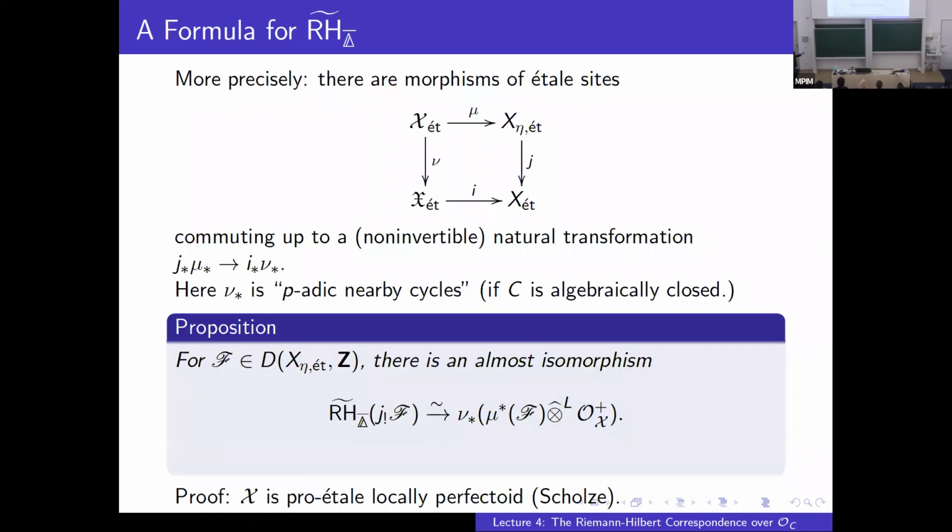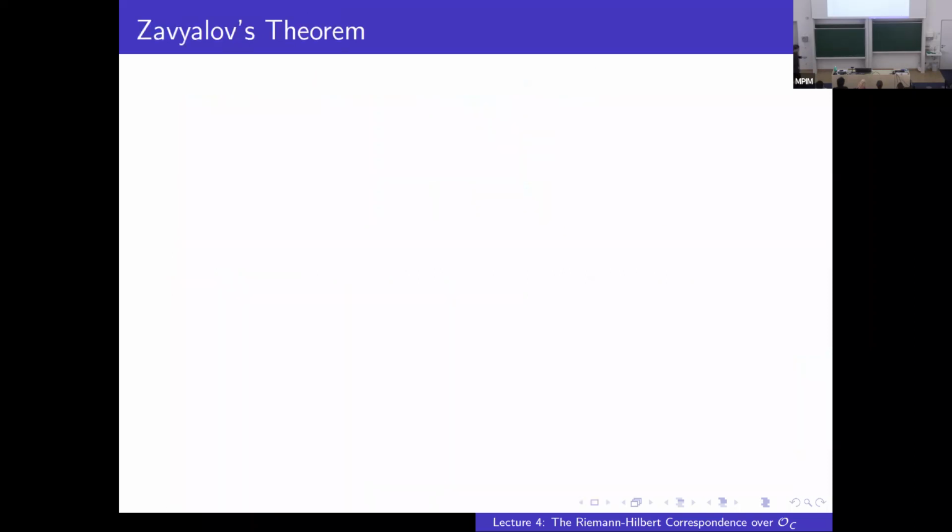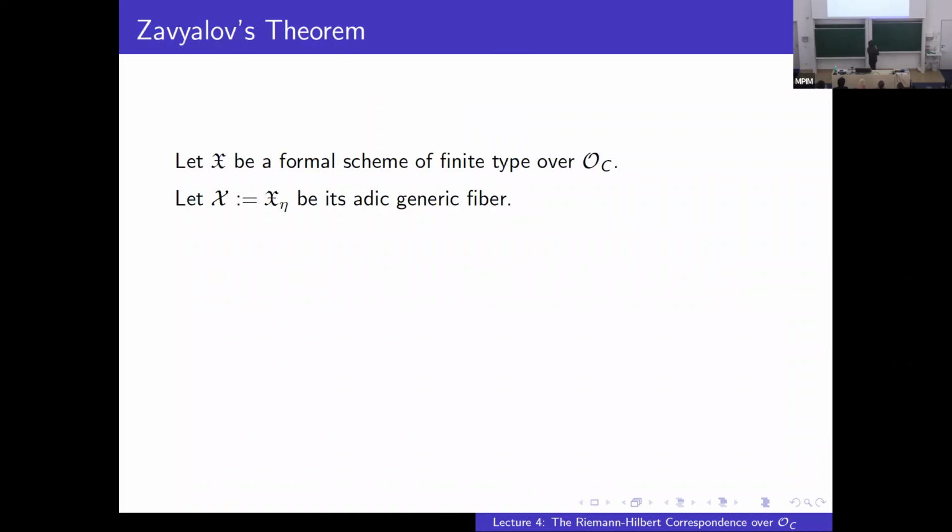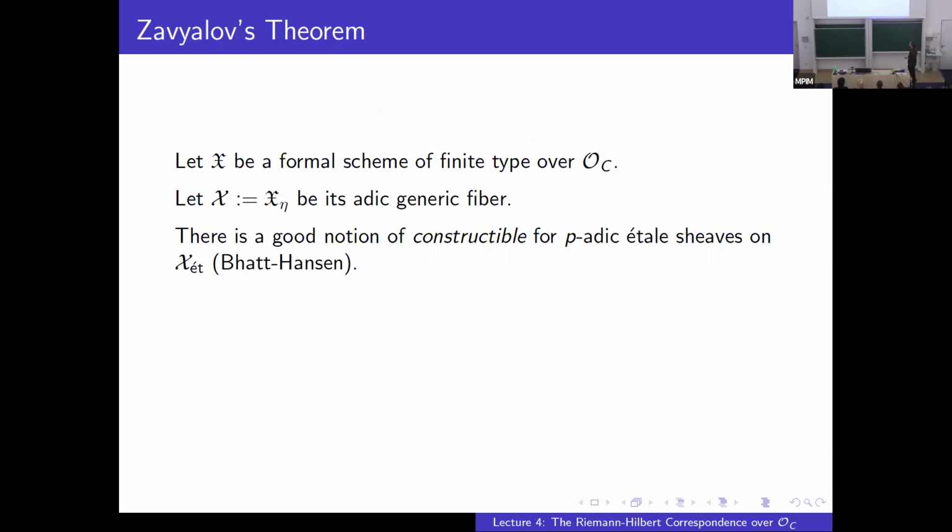Okay, so in this language, let me state the theorem the way Zavyalov would have stated it. So let X be a formal scheme of finite type over OC. And let me write calligraphic X for its adic generic fiber. And there's a good notion of constructible for p-adic étale sheaves on something like this rigid space, due to Bhargav Bhatt and David Hansen.